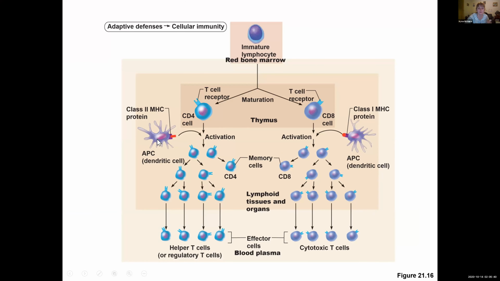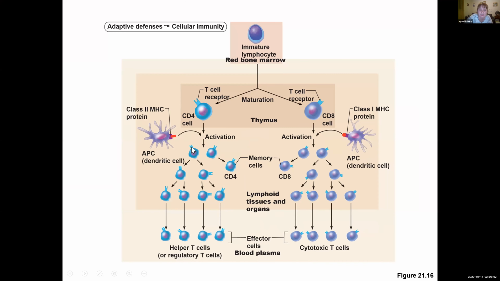Now those APCs, or antigen presenting cells, enter lymphoid tissue and organs, for example, a lymph node. And we have lots of these T cells, CD4 cells and CD8 cells, and they're going to activate these cells. Are they activating all of those cells?